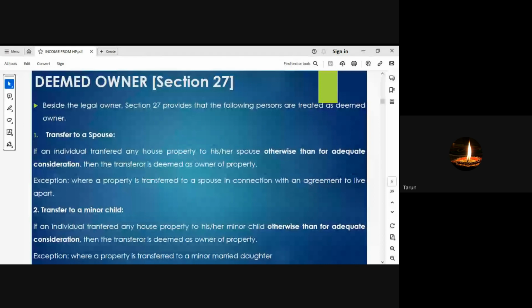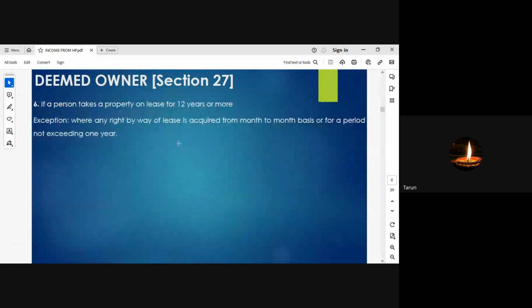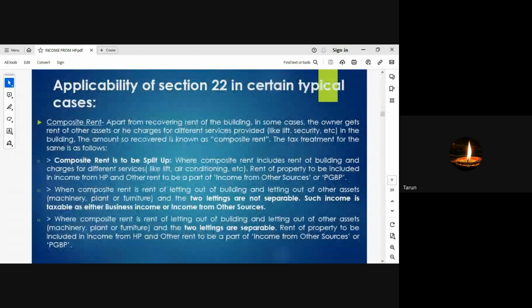Right, so let's proceed. This is just for reading purposes. You can read it and it's easy to understand, just for theoretical purposes. Let's proceed to typical cases. These are the particular important topics which are asked in the examination and are also equally important for the practical questions asked in the final exams.